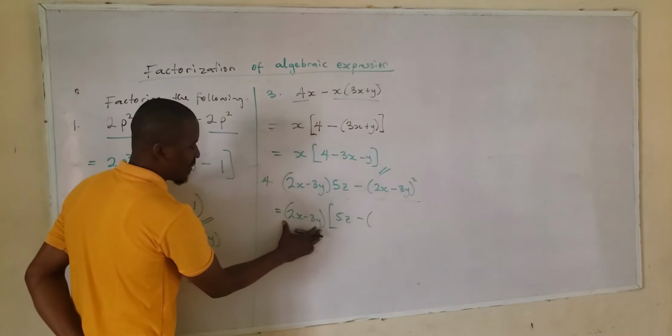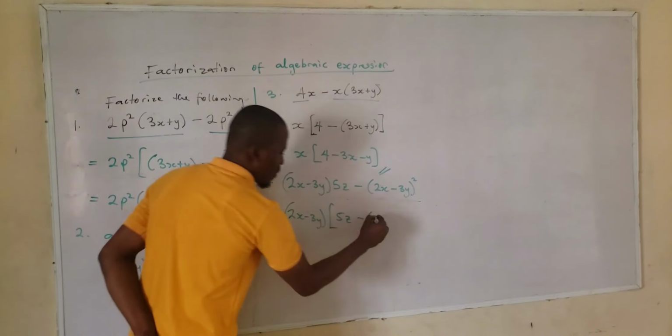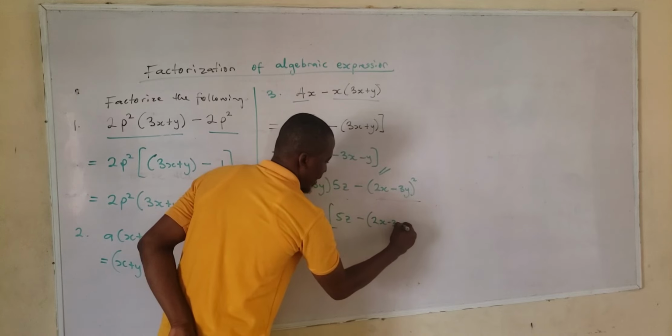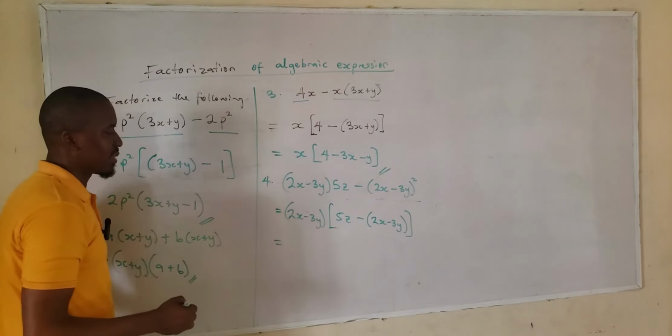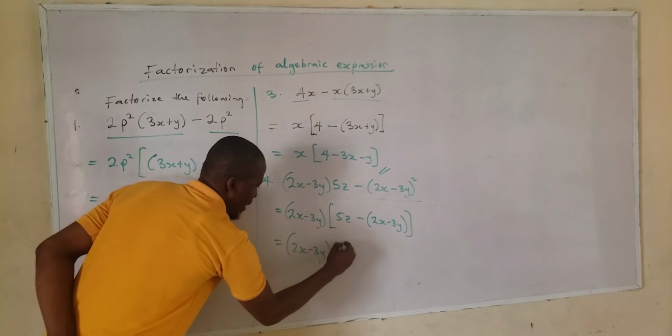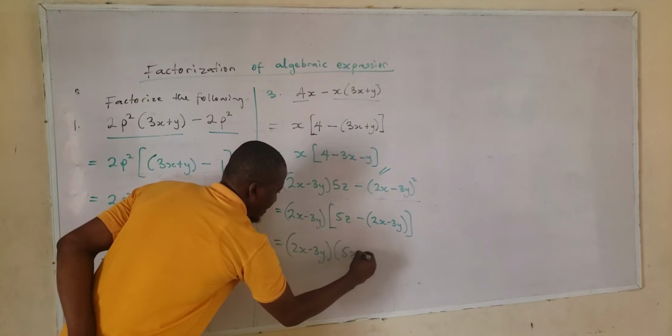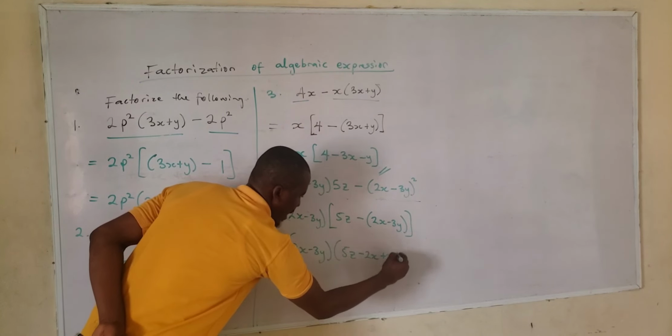Since we have one of these outside already, the whole of these divided by this, we have 2x minus 3y. So open the bracket there. You have 2x minus 3y into 5z minus 2x plus 3y.